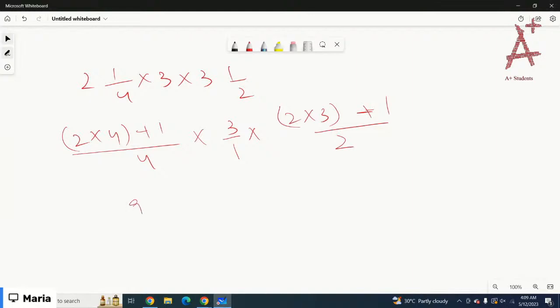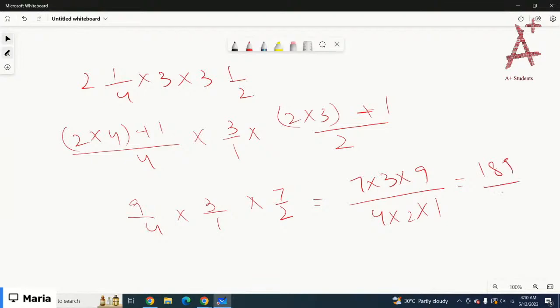It would be 8 plus 1, 9 over 4. It would be 2 times 3, 6 and 1, 7 over 2. Let's just multiply all the numerators and all the denominators. 7 times 3 times 9 divided by 4 times 2 times 1. 7 times 3 is 21 and 21 times 9 is 189 and 4 times 2 is 8.